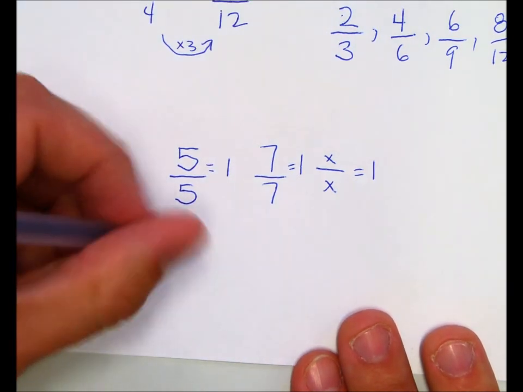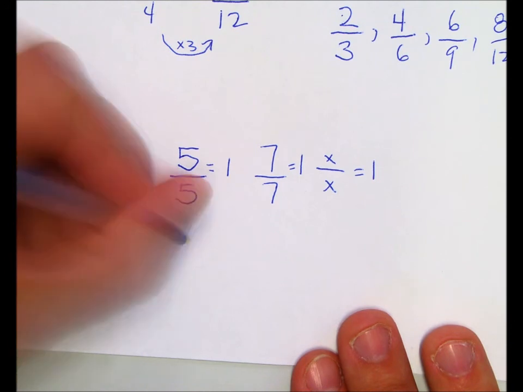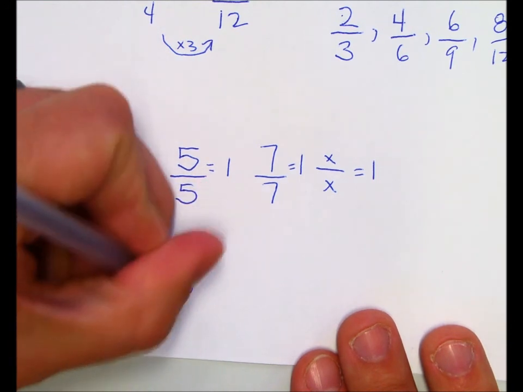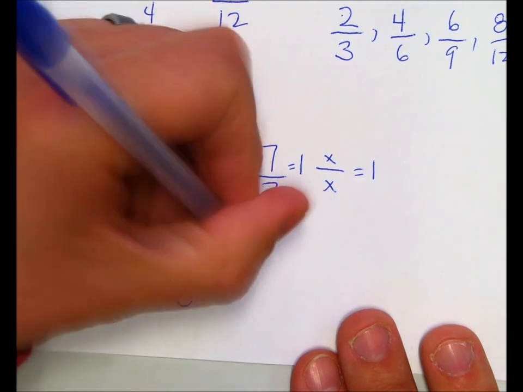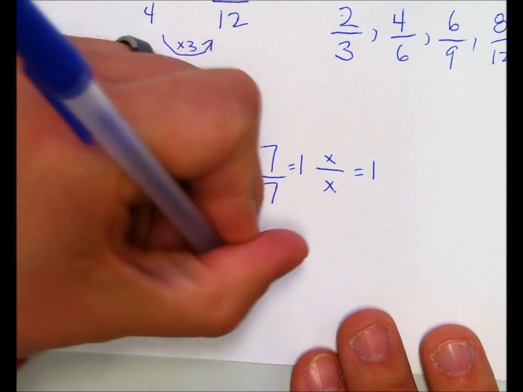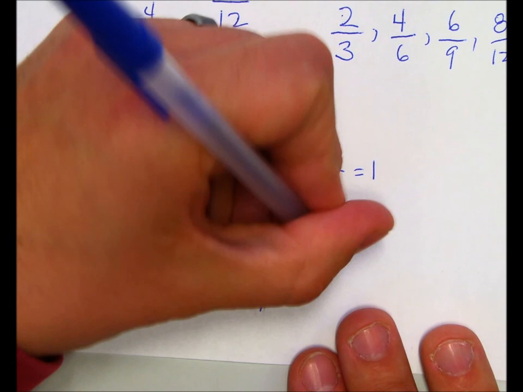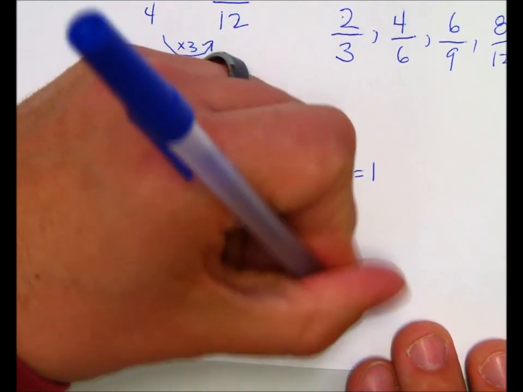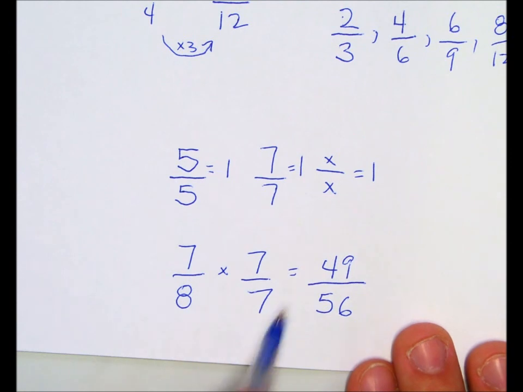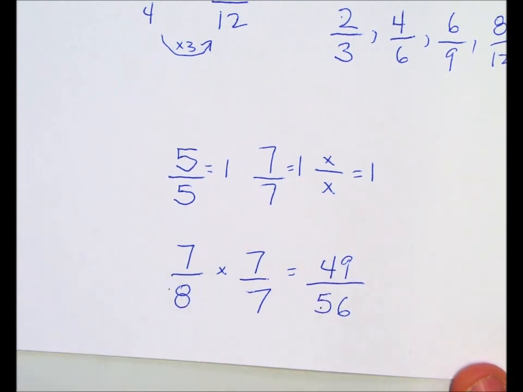So that will allow me to go, what is 7/8 times 7 over 7. Okay, 7 sevens are 49. 8 sevens are 56. So I know that 49/56 are equivalent to 7/8.